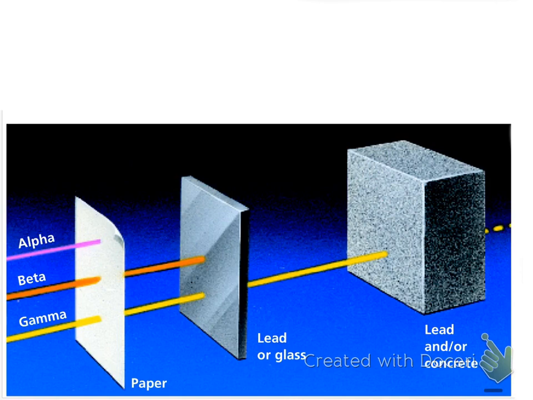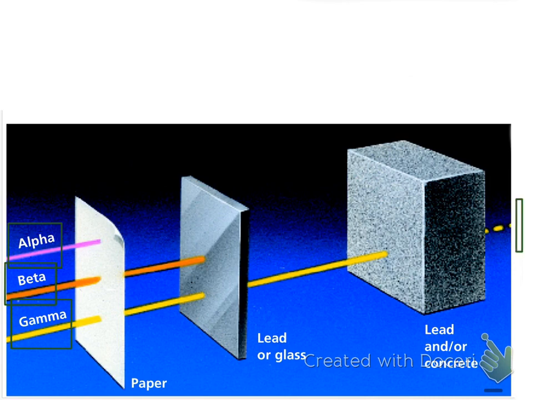You see the alpha particle here, which can really only penetrate so far. The alpha particle will barely penetrate a piece of paper. The beta particle is a little bit more of a serious particle in terms of energy. It can go through paper, and lead or glass will cut it down. But gamma radiation will go through all 3.